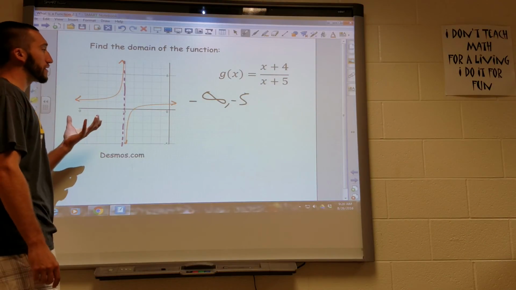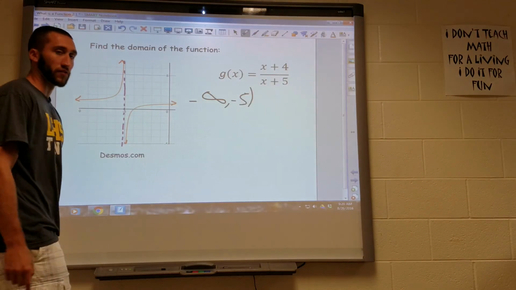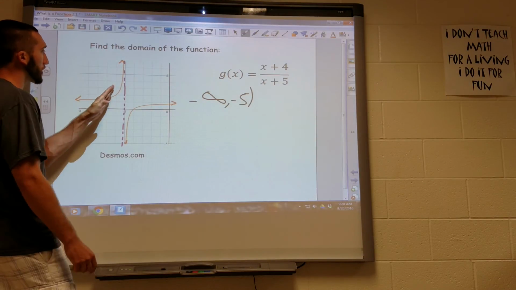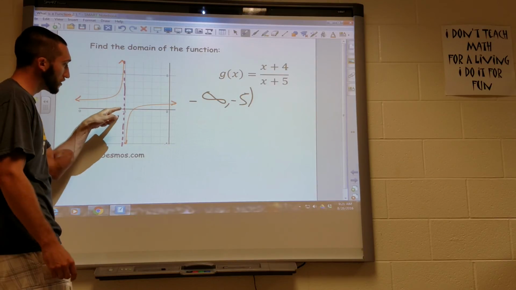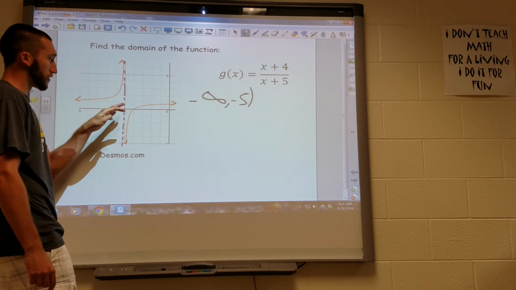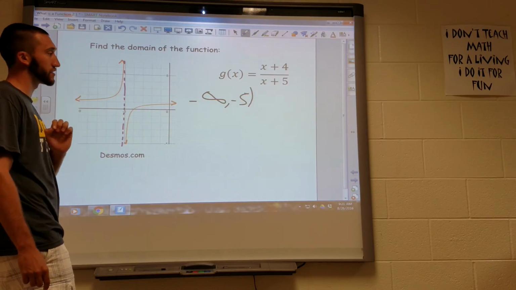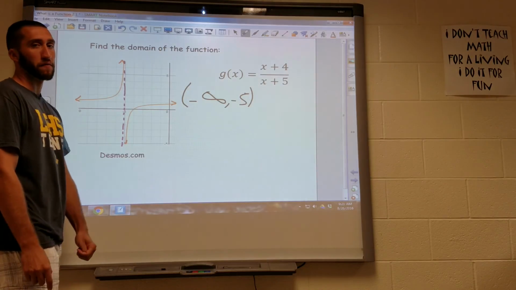And we just learned in the previous example, if I'm never going to touch that number, I'm going to use a parentheses. All right, so I'm going to get very, very close to that number, but never touch negative 5. Right? I can use negative 5.1, negative 6. They're very close to negative 5, but I'm never going to touch negative 5. And also, I can never touch negative infinity, right?